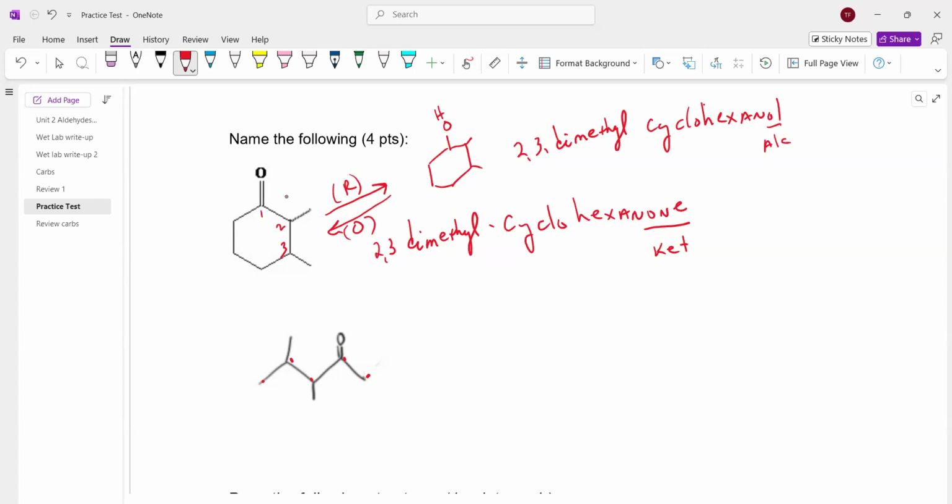Okay. All right. So we've got again a ketone down here. This is a non-cyclic one. So let's look at the backbone. We've got 1, 2, 3, 4, 5. 1, 2, 3, 4, 5. It doesn't matter which one we take.